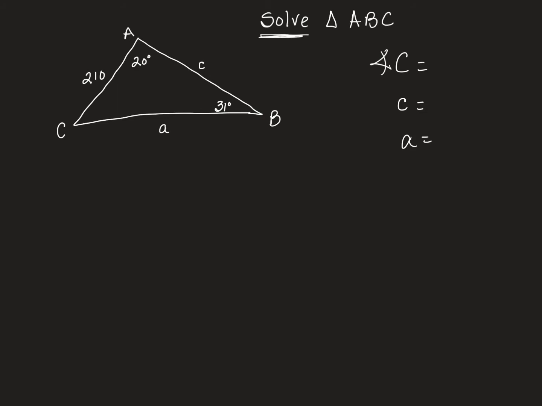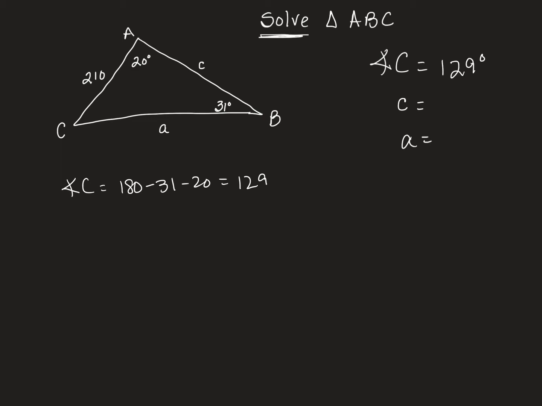Angle C we find by 180 minus 31 minus 20. That's going to give me 129. So I know angle C is 129 degrees.